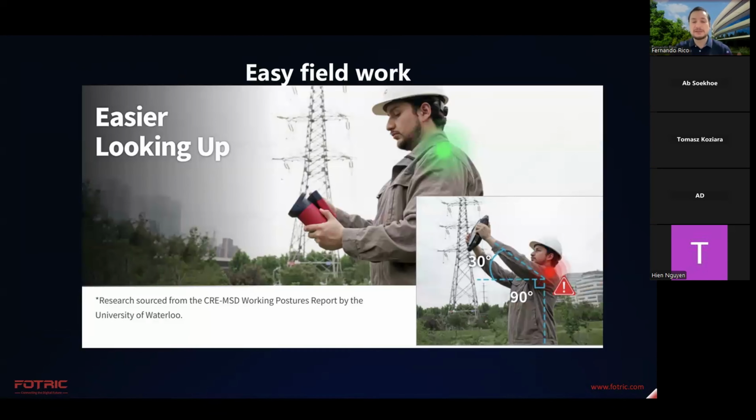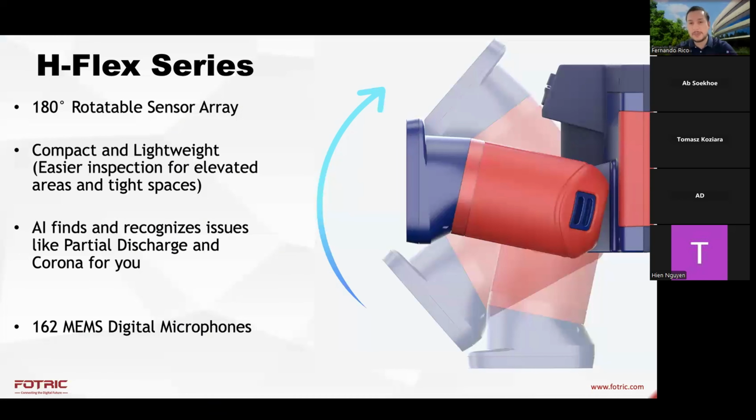Most of the pipelines in industrial facilities are not at ground level. They're overhead because they need to travel throughout the plant from the compressors and tanks to the actual places where they're needed. So having the ability to adjust the angle that you're observing from makes the inspections way more comfortable and easier to carry out.